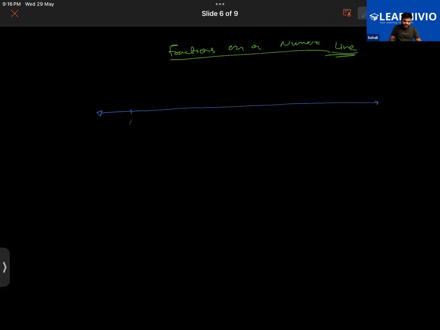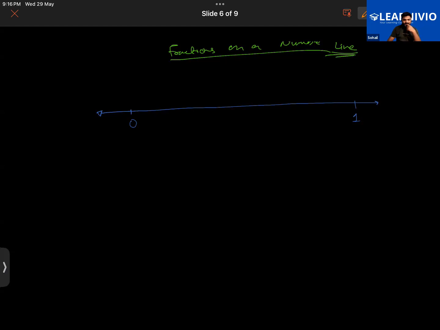This is 0 and this is 1. Between 0 and 1, there are so many fractions that you can represent.